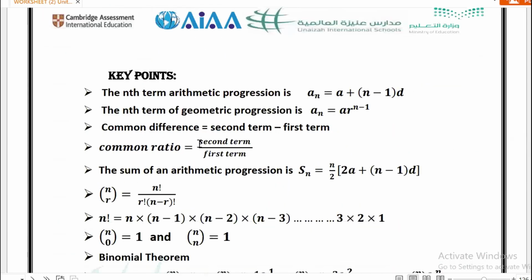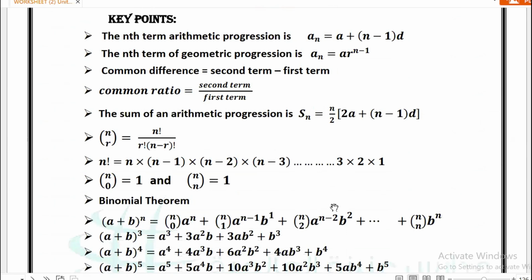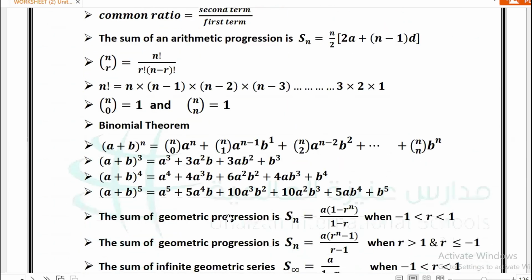Next, we have key points. These key points are related to this chapter, series, and here we have different sorts of formulas which relate to arithmetic progression, geometric progression, common difference, common ratio, sum of arithmetic progression, how to find nCr value, how to expand n factorial, and how to use the binomial theorem.